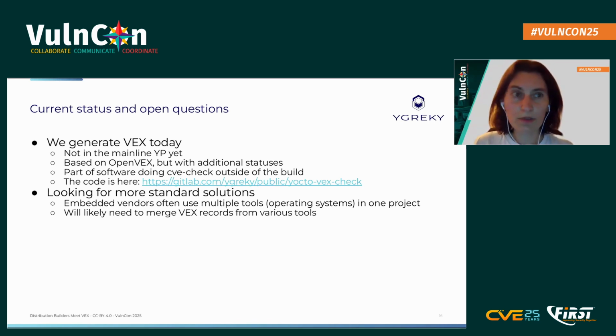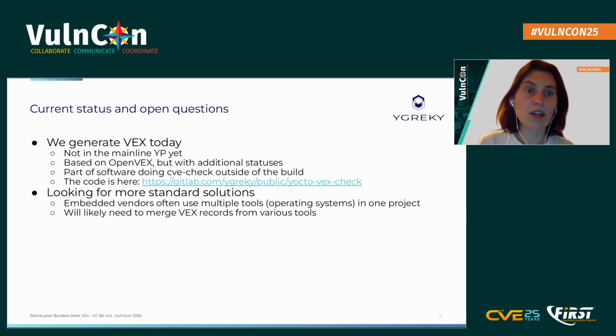The code is open source, and you can have a look if you are interested. And we are really looking for more standard solutions to deal with the problems that we have seen.